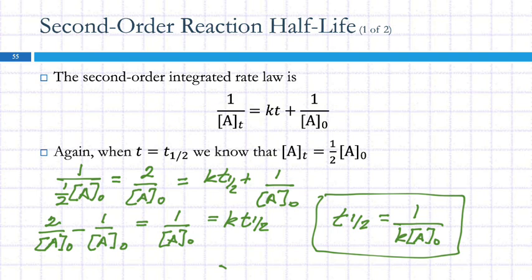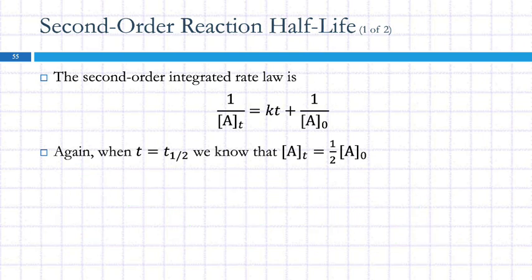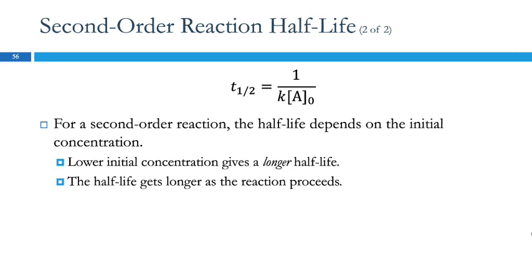But you'll plug things into the integrated rate law and solve. So the half-life does depend on the initial concentration. If you have a low initial concentration, you have a longer half-life. So as the reaction proceeds, the half-life gets longer and longer and longer.